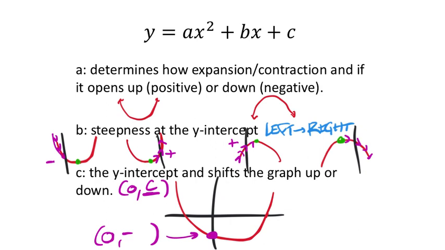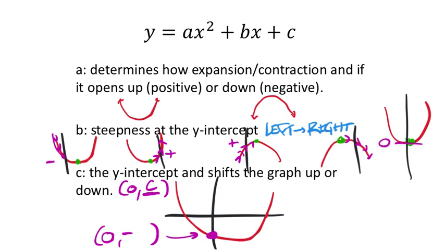Let's say that I had a smiley face one, and this is my vertex right there. But let's say that my y-axis is going straight through there. If that's the case, then it's right at the tip, meaning it's not going down and it's not going up. It's just straight flat right there.